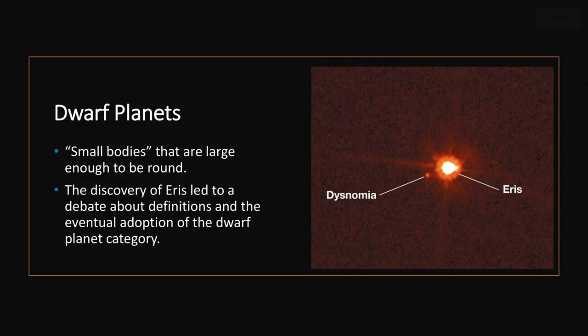The discovery of Eris, which is another dwarf planet out beyond Pluto's orbit, is kind of what kicked off the discussion as to what a planet is. Because if Pluto is a planet, then you'll have to include Eris as a planet as well. So the astronomical community decided instead of making them both planets, they would make neither of them planets, and they would have a new designation called a dwarf planet.